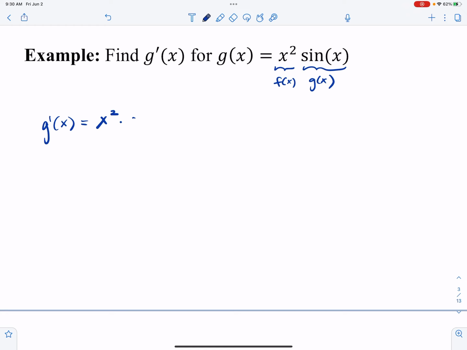Derivative of sine is cosine. That's something you have to have memorized. Plus the second factor times the derivative of the first would be times 2x. So just to clean this up a little bit, that would be g prime.